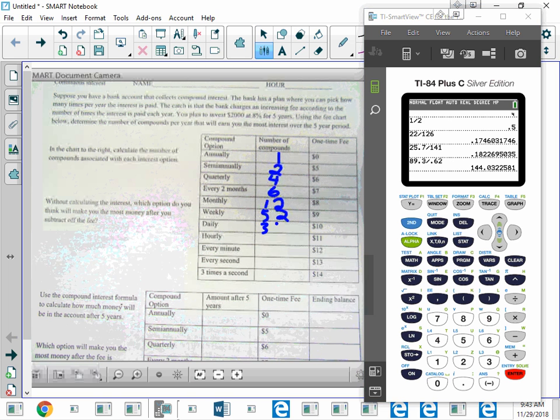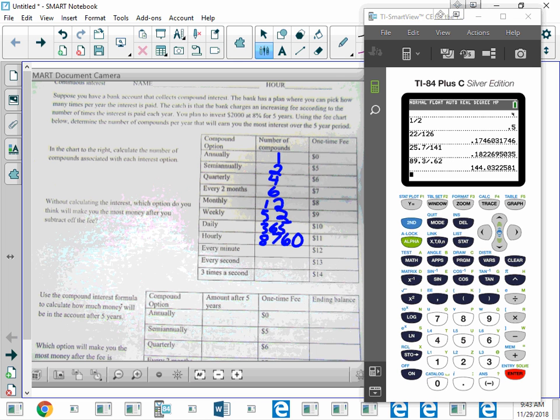Daily is 365, and hourly is 8760. And how did you get 8760? 365 times 24. And then how do we get minutely? Multiply 8760 times 60.